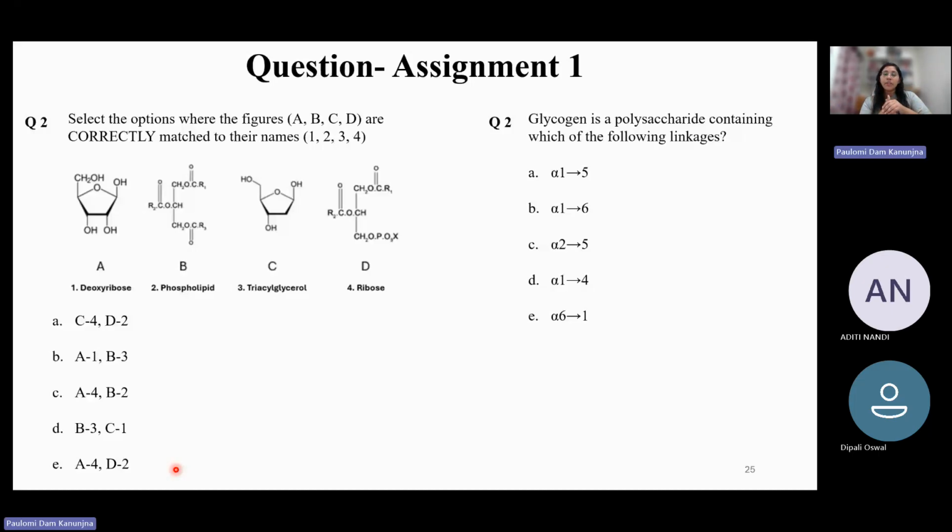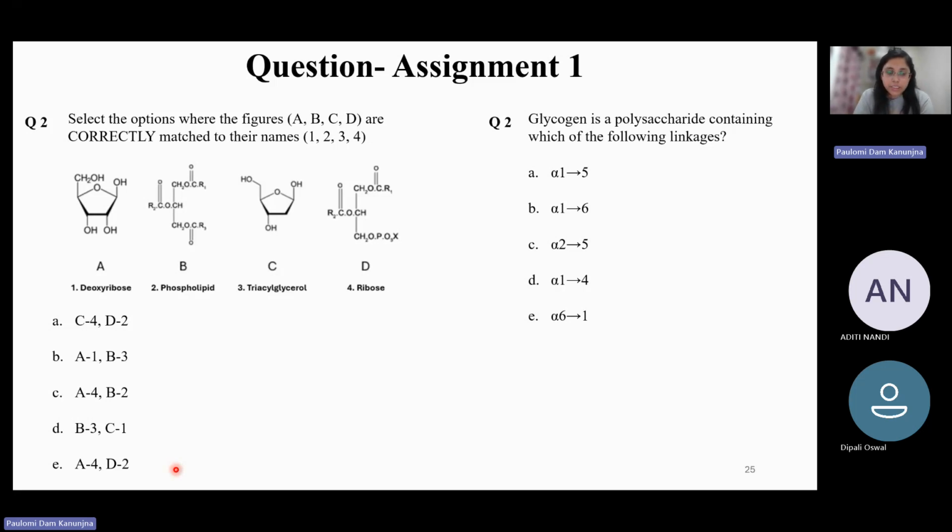I will change it later. In your left portion, you have to match the structure and the name. And on your right, you have to tell me which glycosidic linkages are used in glycogen. A, B, C, D. What is ABCD? For which one are you talking about?